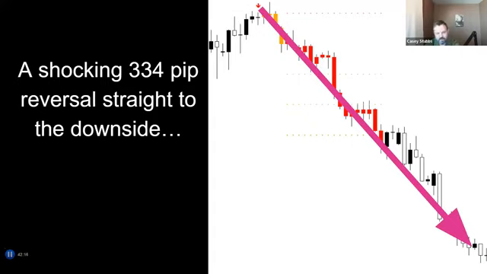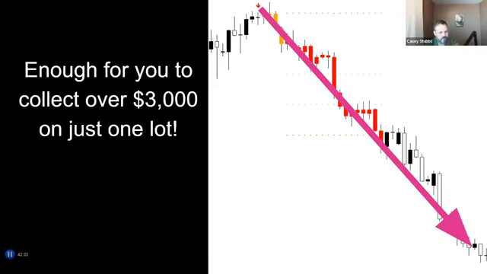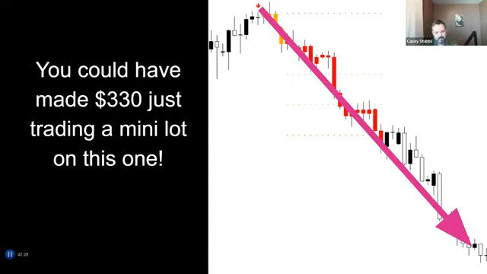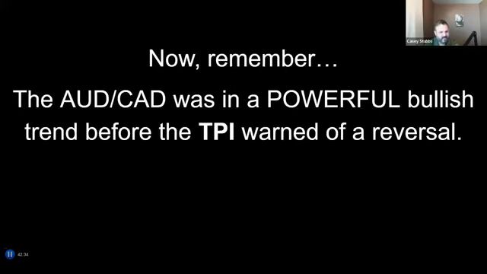A shocking 334 pip reversal straight to the downside. Enough for you to collect over $3,000 on just one lot. You could have made $330 just trading a mini lot on this one. Now remember, the Australian Canadian was a powerful bullish trend before the TPI warned of a reversal.